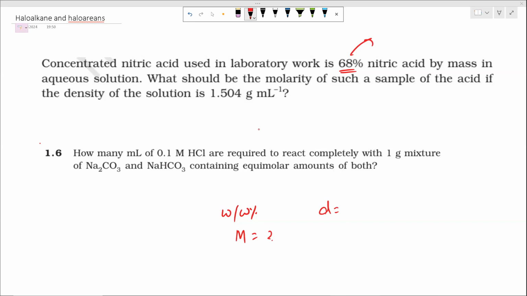Sir, the answer is 16.24. Okay, let me check it. First do this one. Do the next one. Okay, sir. 16.24, na? Yes, sir. Molarity of the solution. Okay, we'll check it.